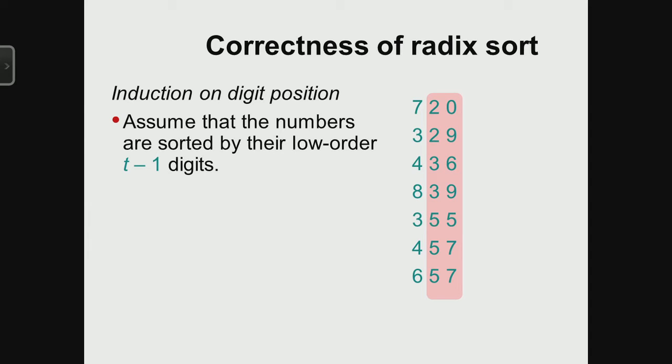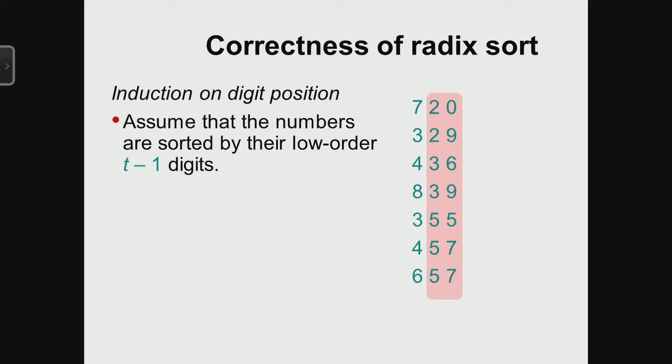So, the correctness of Radix sort is argued by induction on the digit position. So, clearly after the first call to counting sort, that is after sorting the least significant digit, the numbers whose lower order digits, the array of least significant digits, are sorted.